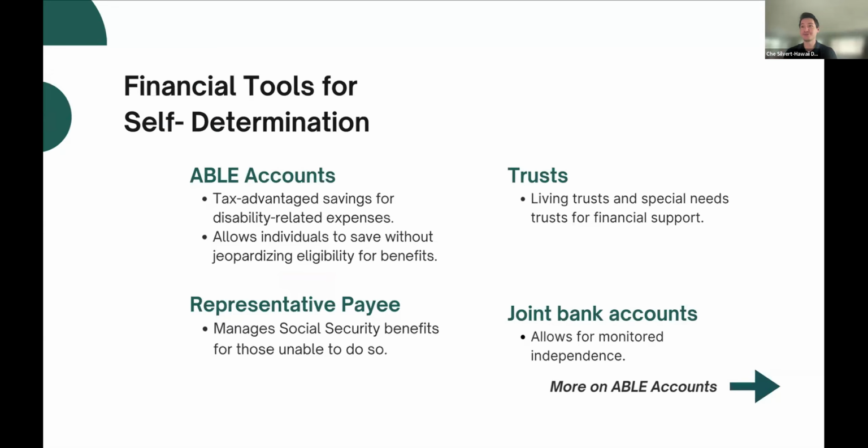So for some financial tools, and I see I have about 4 minutes left because I want to leave time for questions, I'm really going to focus on ABLE accounts and representative payees because I think they're typically the most relevant for people. We have a lot of information on trusts and special needs trusts and joint bank accounts and things like that. At no point am I trying to say I'm providing legal advice.